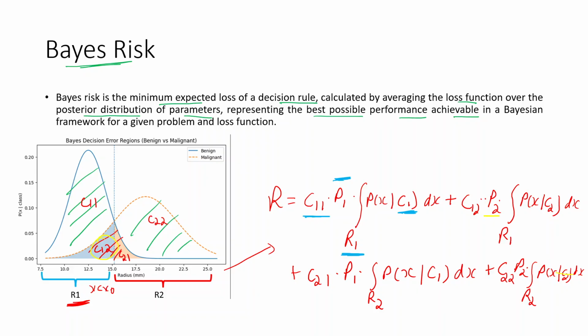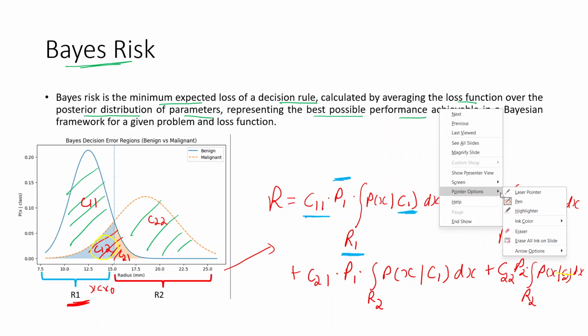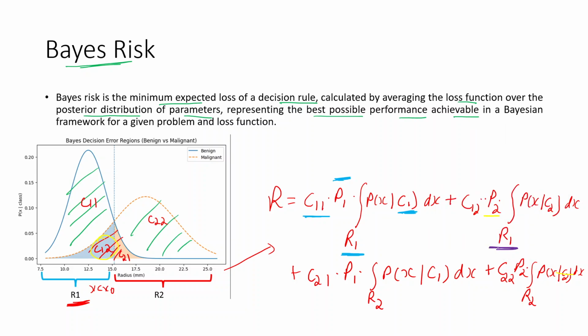That is the next term, we have this C12. We are in the region, sorry, I think I will take the other color. We are in the region R1, that is this particular region only, but we are deciding it as C2, therefore it is C2 here, which is going to come here.